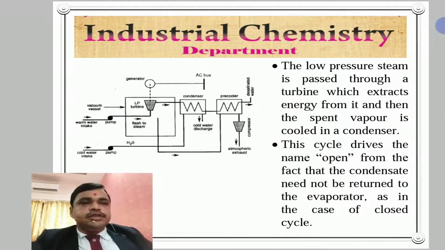The low pressure steam passes through the turbine, which extracts energy from it, and then the spent vapor is cooled in a condenser.